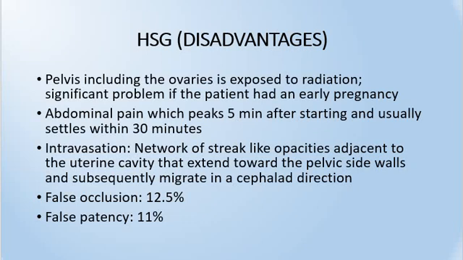There can be intravasation, that is a network of streak-like opacities adjacent to the uterine cavity that extend towards the pelvic side walls and subsequently migrate in a cephalic direction. The incidence of false occlusion is high, at 12.5%, and even the incidence of false patency is quite high, at 11%.